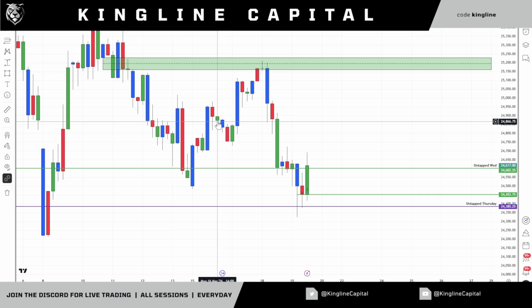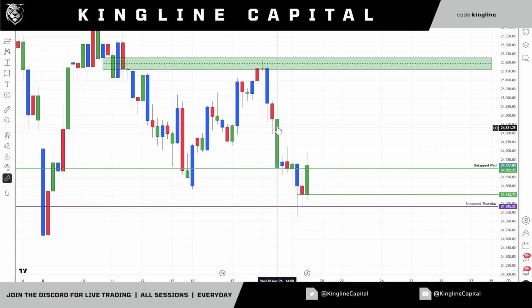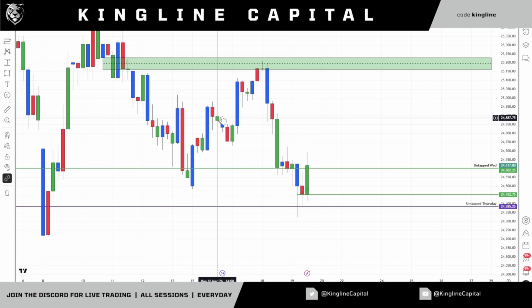So here's 2 p.m. So this candle right here, we showed that it mitigated these levels. Okay, because we're looking at 4-hour pairs on the 4-hour chart.